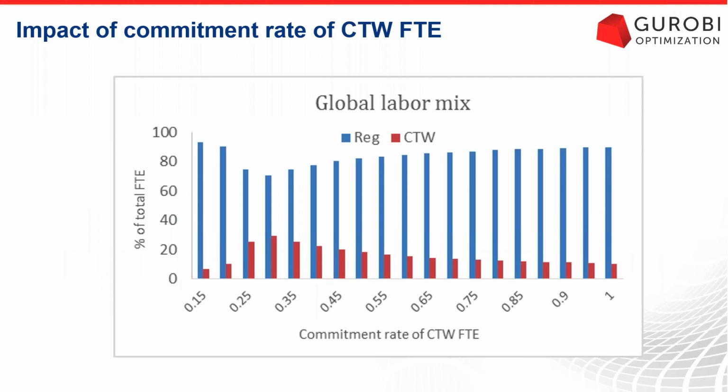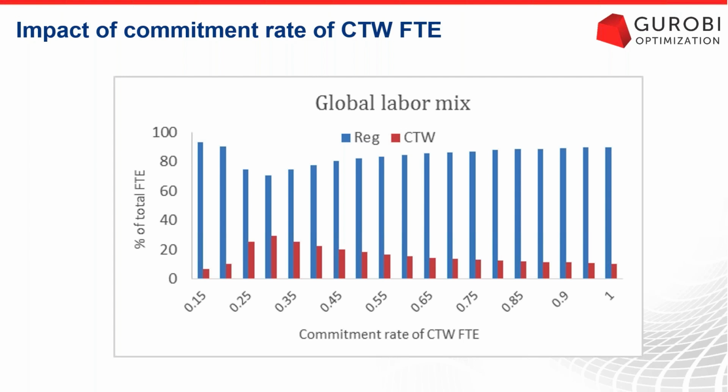In this graph, we show the relationship between the commitment rate of contingent workforce versus the total FTE of the labor mix. So as you can see, as the commitment rate of contingent workforce goes up, initially contingent workforce becomes more attractive compared with regular workforce.